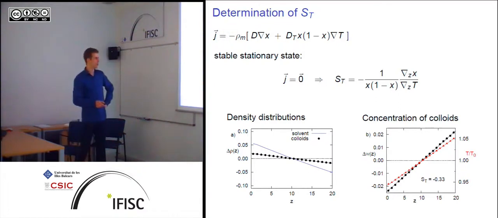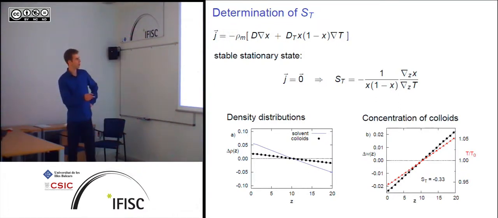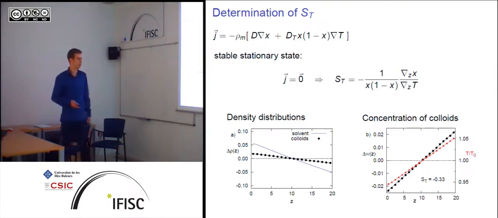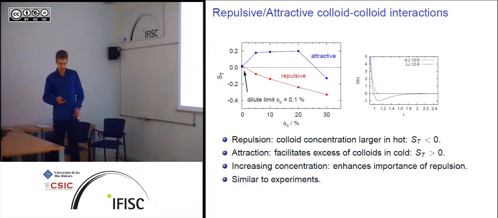Now if you plot the concentration, this here is a typo, this should be an X. So the concentration of colloidal particles increases towards the hot side of the system. And here is also the Fourier coefficient, which then means you have a negative Fourier coefficient. And this was just an example, and now we want to study different interaction potentials.